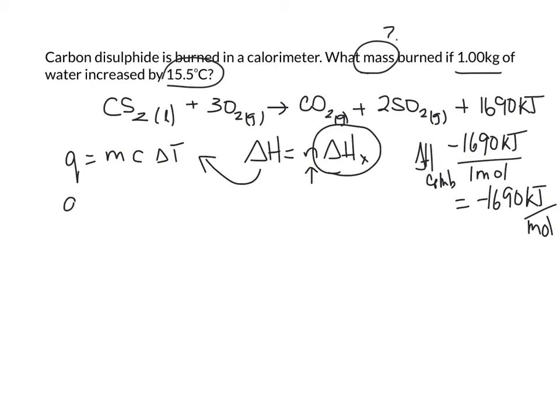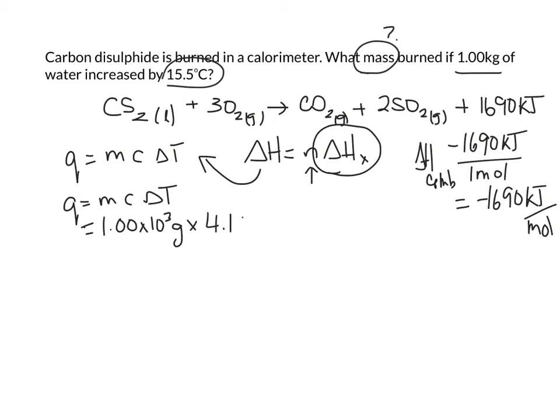So Q equals mcΔT. So we've got 1 kilogram, so that's 1,000 grams. I always do this for kilograms. I just take the number and multiply it by 10 to the 3. I'm lazy. Well, I'm not lazy.